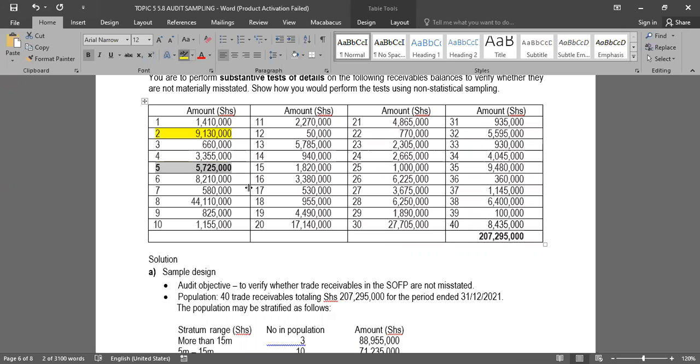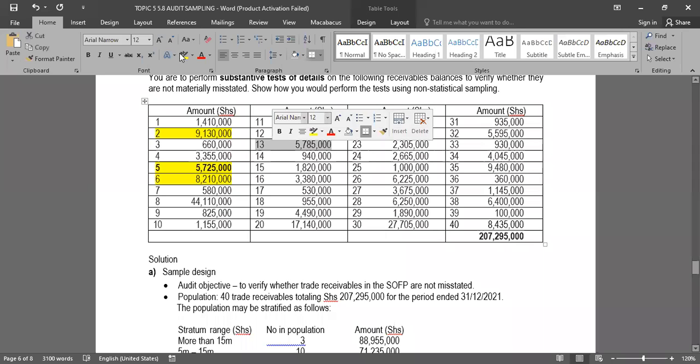They are between 5 million and 15. This one we already saw is above 15, so it doesn't qualify.